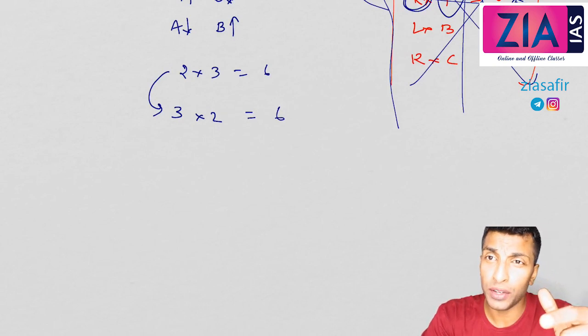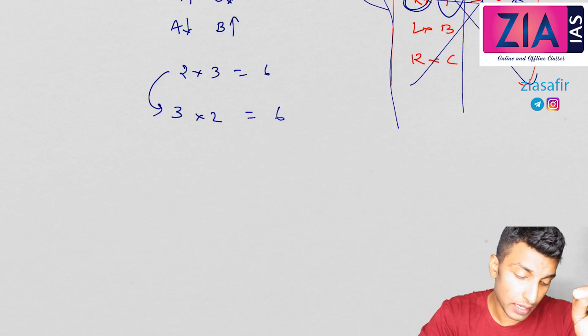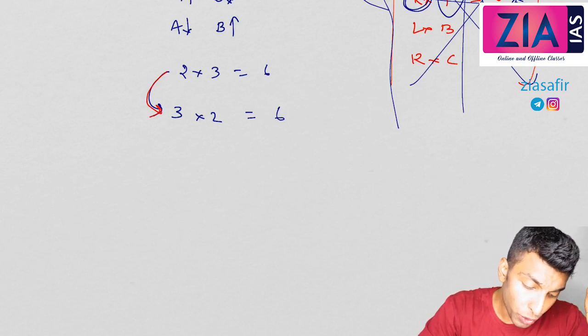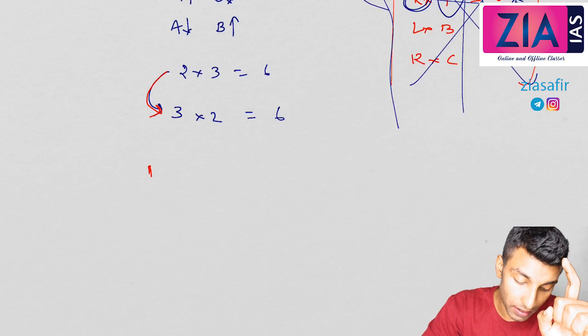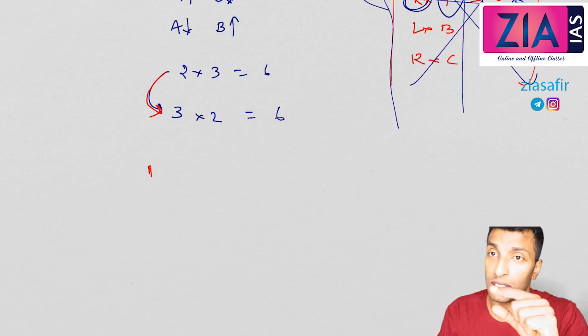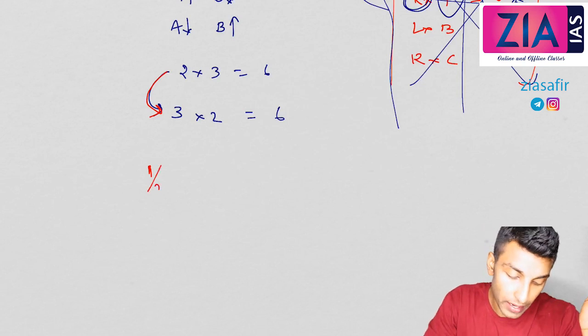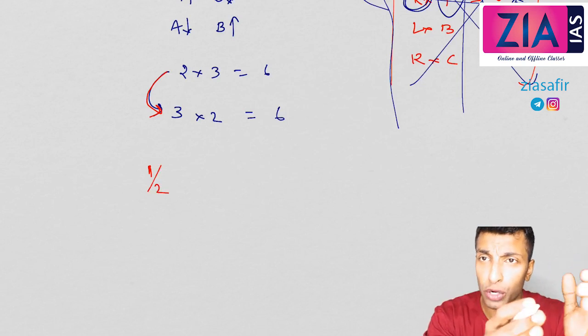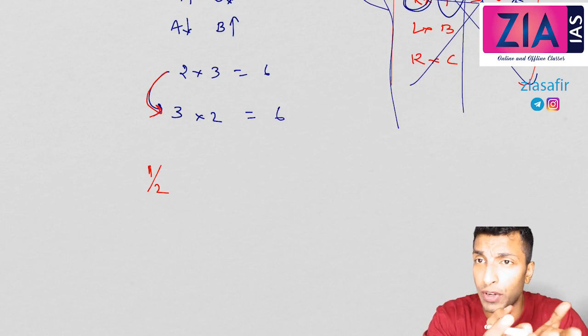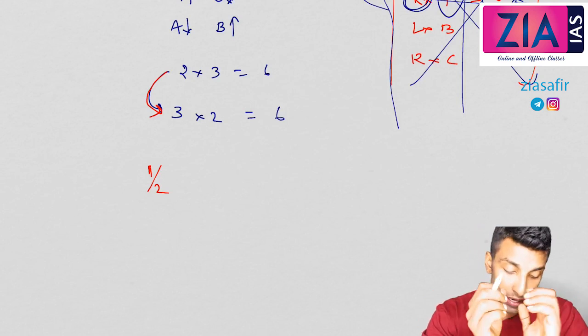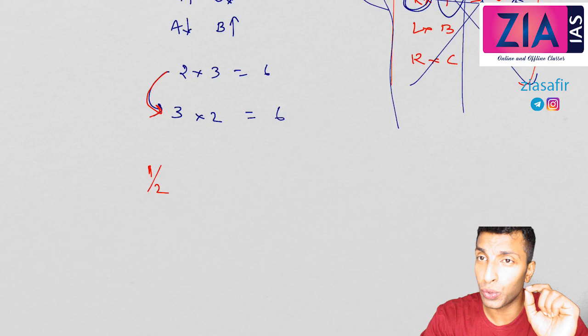I would say 50% increase, or rather than saying 50% increase, you can also say like this: from 2 to 3, what is the increase? 1 is the increase. On top of that, meaning from where that increase happened? From 2. So I would write it as 1 by 2. Or 2 to 3 directly you can write 50%. 50% is also 1 by 2. So I need to write it in this format here. 1 by 2 increase is there.